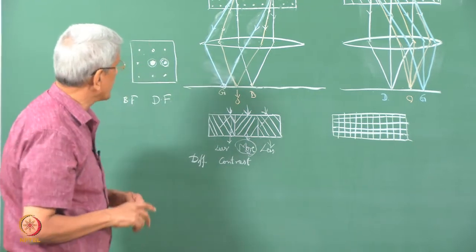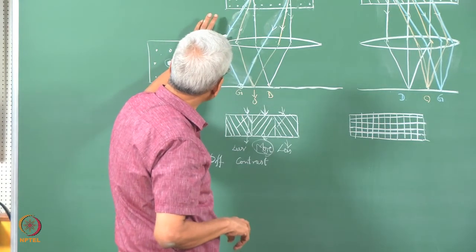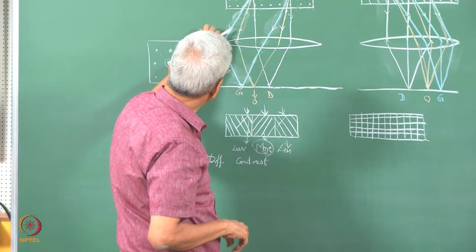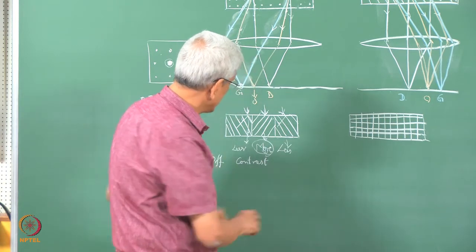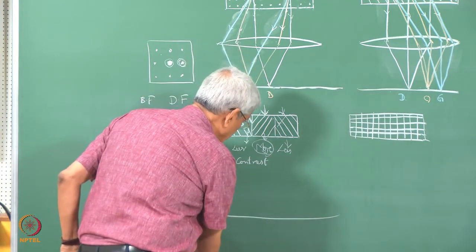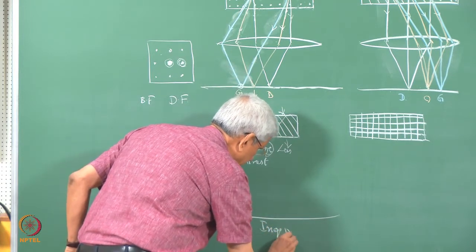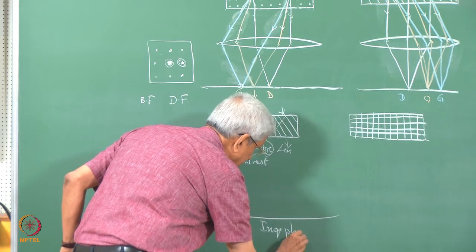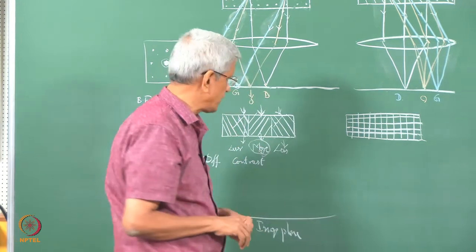But what we should understand is that when the rays are scattered in all the directions, all these rays will join together in the image plane. That is where we get a sharp image of the sample.